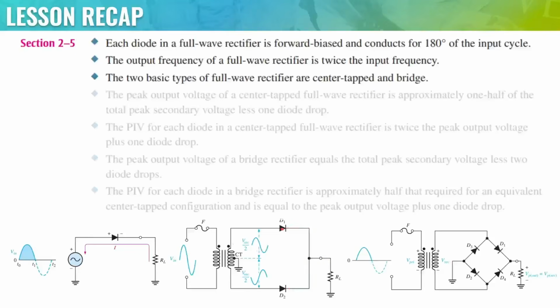So this is center tapped and it has two diodes, since this is supposed to capture the positive side and this is supposed to capture the negative side. When it captures it, the output wave is going to look something like this. The same output wave can be used to describe this bridge type mechanism.